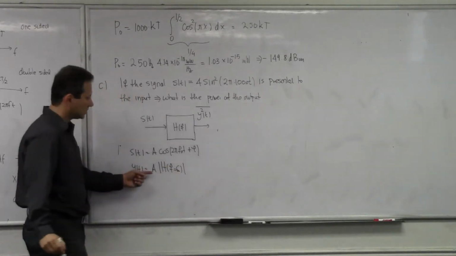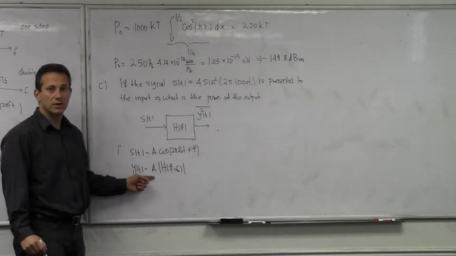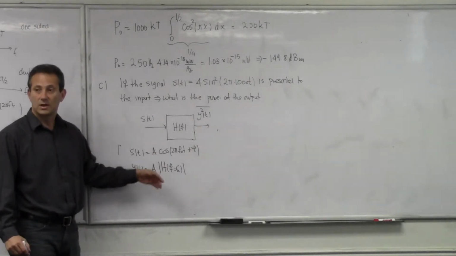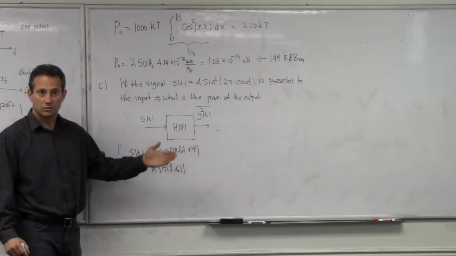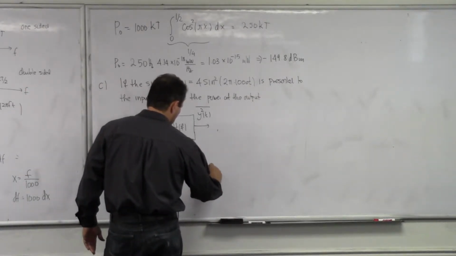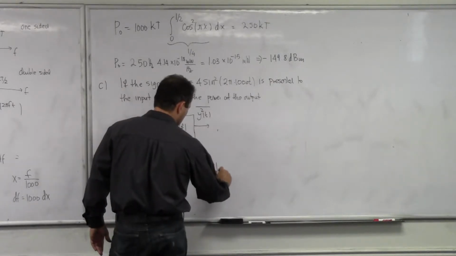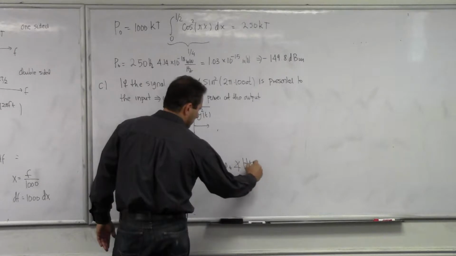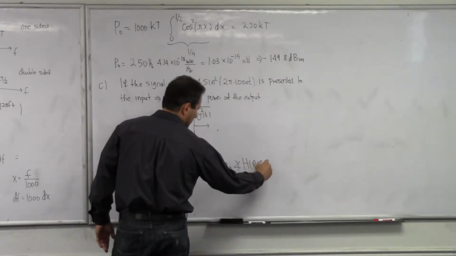This is how the system acts upon the sinusoid. It modifies the magnitude by the magnitude response and adds the phase response. So I write A times the magnitude of H at f0 times cosine 2 pi f0 t plus phi plus the angle of H at f equals f0.